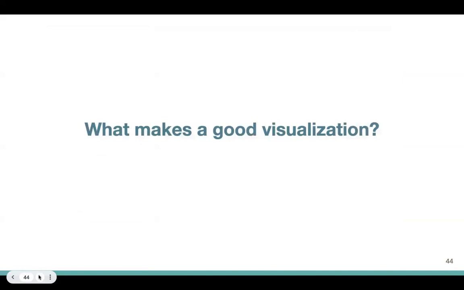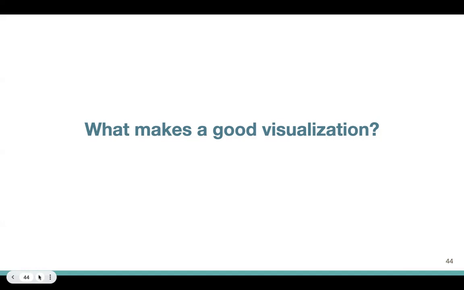Okay, just to summarize, to recap all of these examples, what makes a good visualization? We started off by saying that it's pretty obvious what makes a bad visualization, while it's a bit subjective what makes a good visualization.